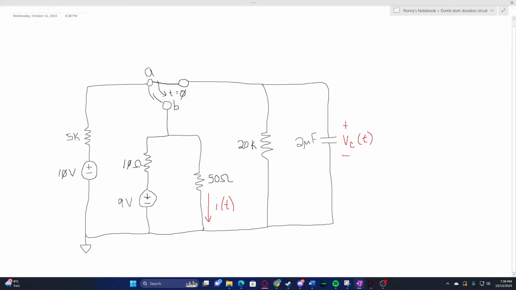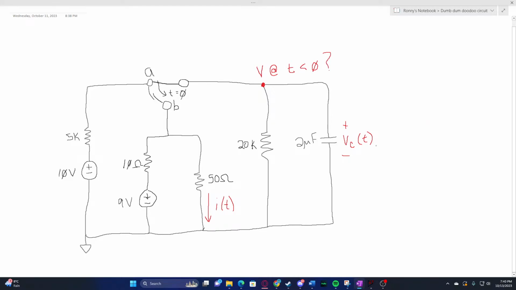I want to know this voltage here, right before this switch flips down to B. So we're looking at what is the voltage here at t less than 0.